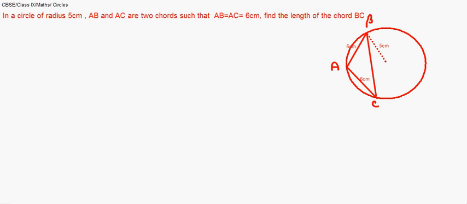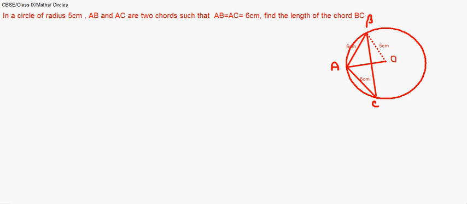As AB and AC are two equal chords of the circle, the center of the circle lies on the bisector of angle BAC. Remember, this is a theorem. So the center of the circle, which I forgot to name, this is O, will lie on the bisector of angle BAC. Let me just bisect it.